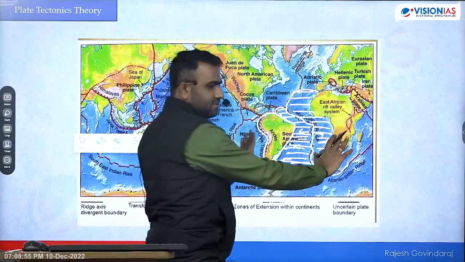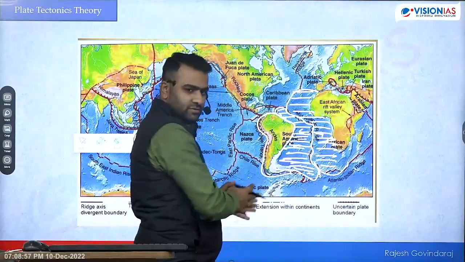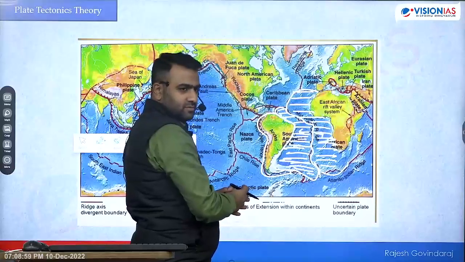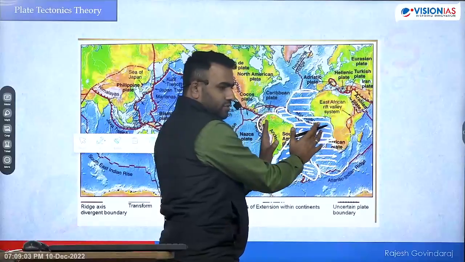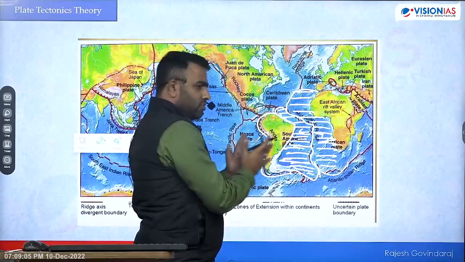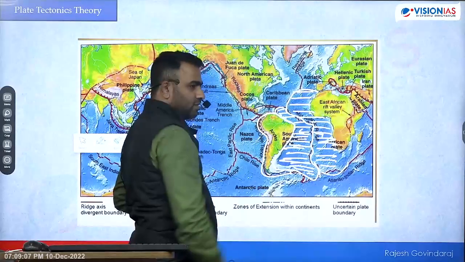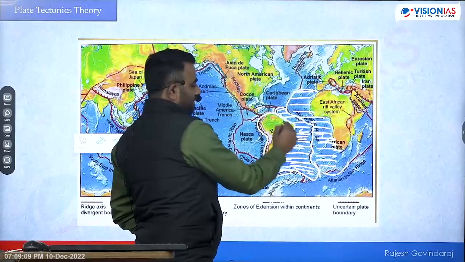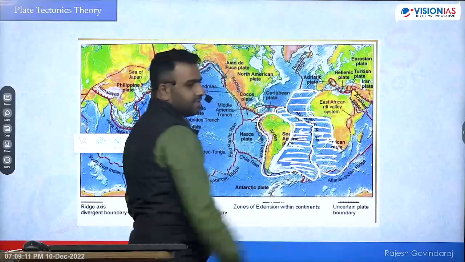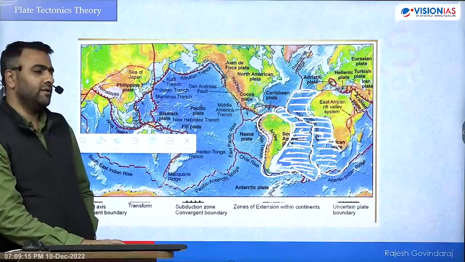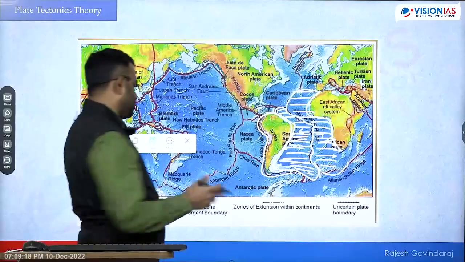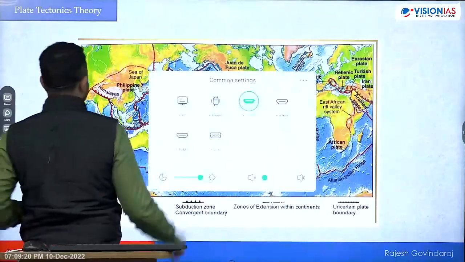What happens? They're moving towards each other. So now it is moving away. उसको reverse किया तो क्या होगा? They will move towards each other. So पूरा move होके gradually oceanic crust पूरा खत्म हो गया तो क्या होगा? There is continent divergence. That is how it began. The next one, continent divergence.